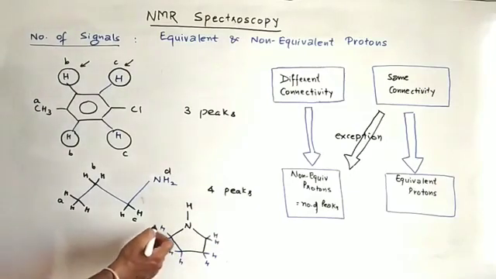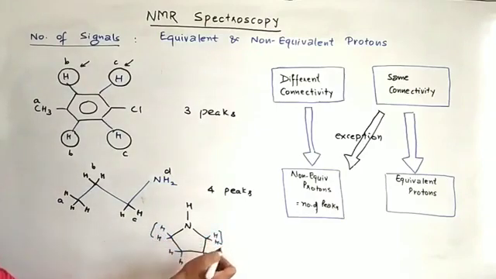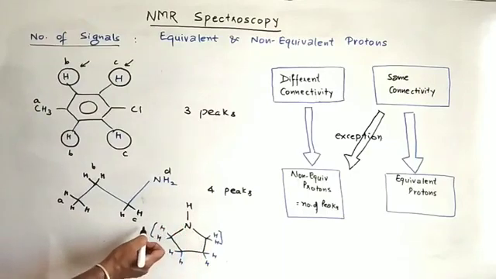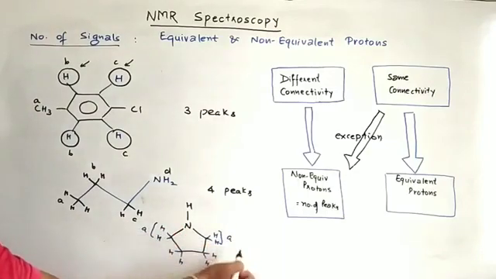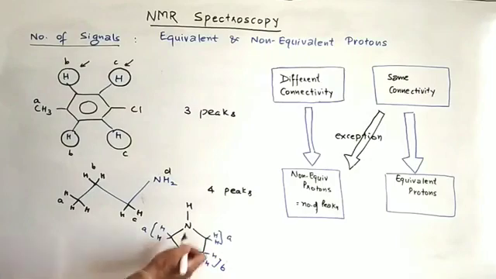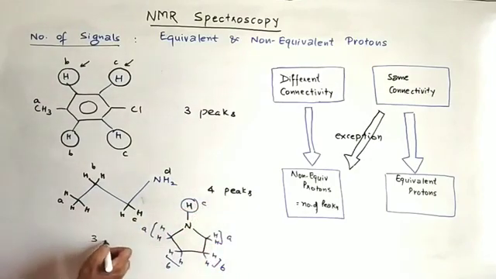These 4 protons, these 2 and these 2, they have the same connectivity as downside CH2, CH2, upside the nitrogen. It means they give a single peak. These 2 protons and these 2 protons give a single peak, B, and this proton give another peak. So this molecule give 3 peaks.